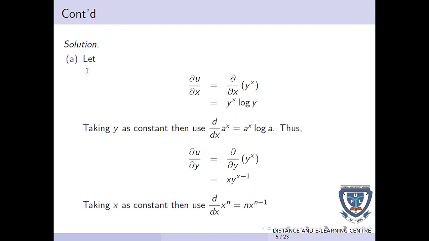Solution for A. Let partial u partial x be equal to partial of y raised to power x with respect to x, and that will give us y raised to power x log y. Taking y as constant, then use the derivative for a raised to power x. You're going to get a raised to power x log a.